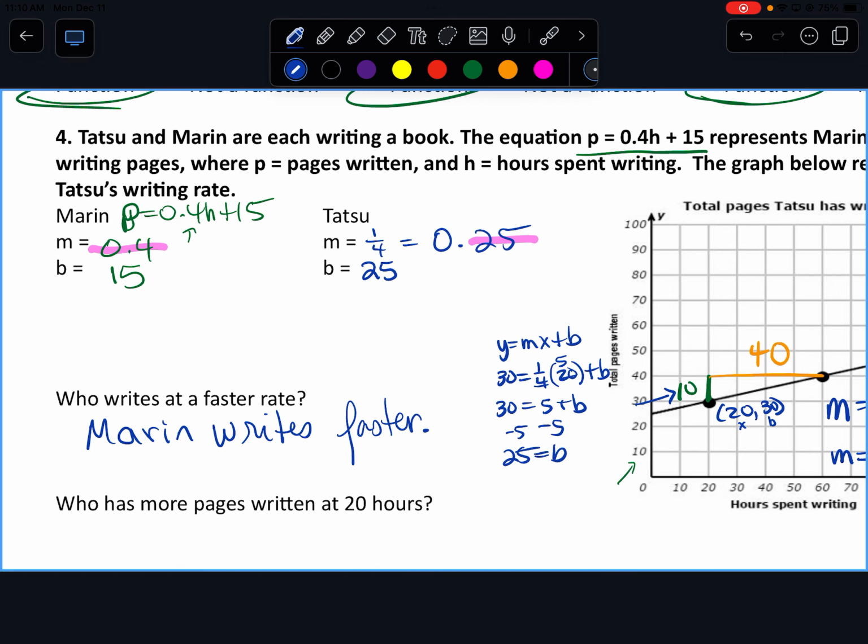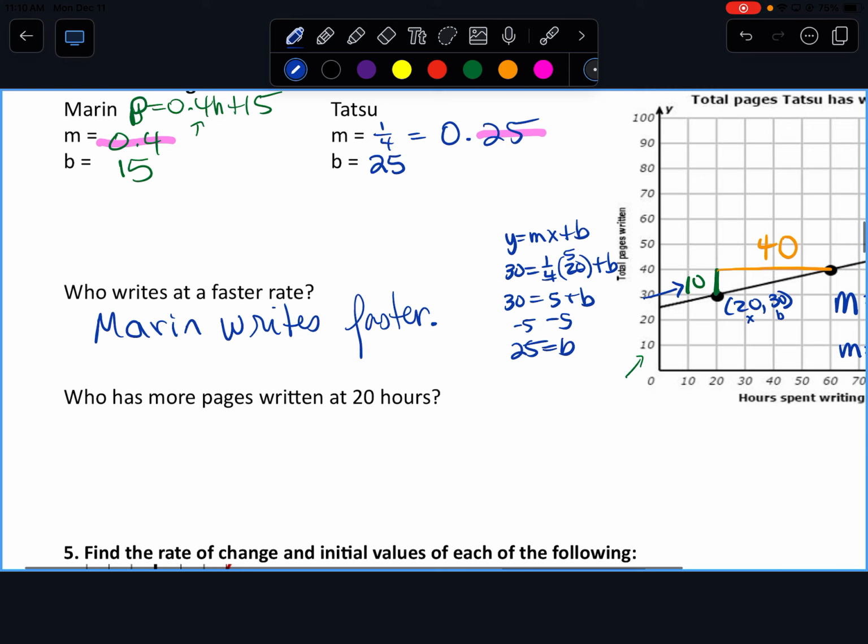Okay. Who has more pages written at 20 hours? Well, we need to take the equations and figure that out. So P equals 0.5h plus 15. I'm going to put the 20 right there.